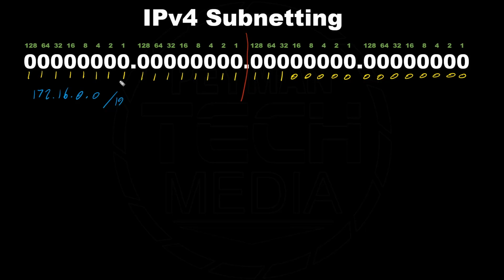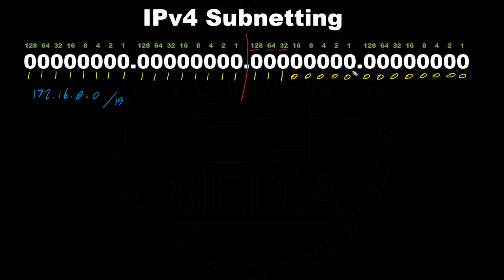We have 8 bits turned on, and converting this binary to decimal, it's 255, adding all these decimal values because all the bits are turned on. And this one is the same, 255 as well. And here we have only 128, 64, and 32 turned on. As we can see, 1 represents network bits, 0 represents host bits.